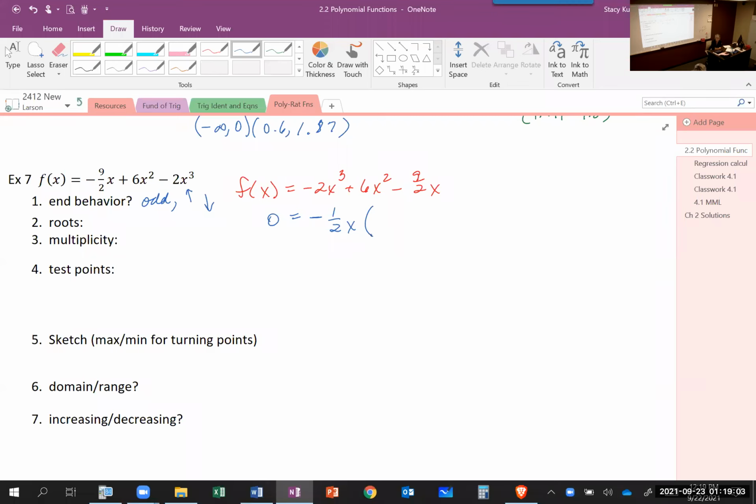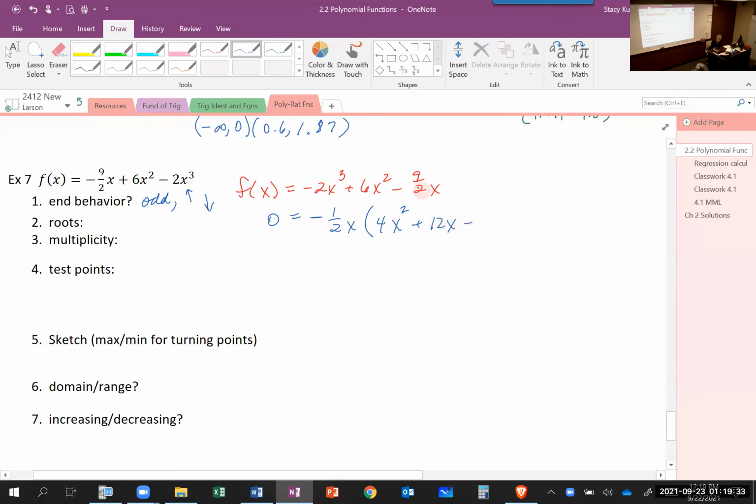When I factor that out, that's like dividing, right? So I am dividing 2 by 1/2, which is multiplying by 2, correct? So 2 times 2 would be 4x squared. 2 times 6 would be 12x.